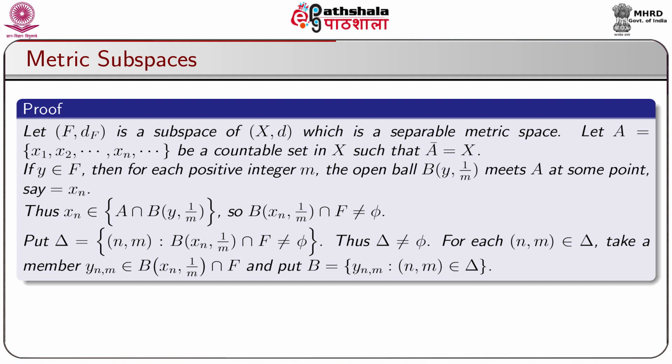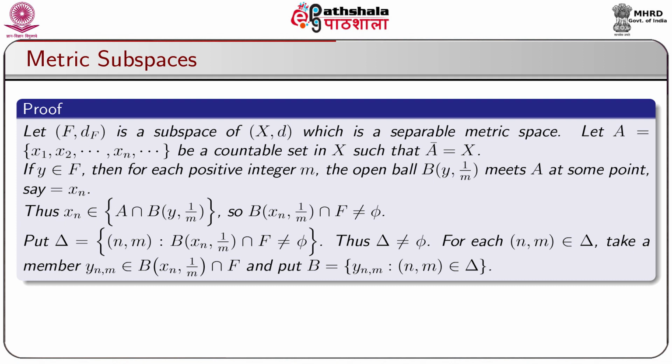If y belongs to F, then for each positive integer m, the open ball B(y, 1/m) intersects A at some point, say xn. Thus xn belongs to A intersection B(y, 1/m).